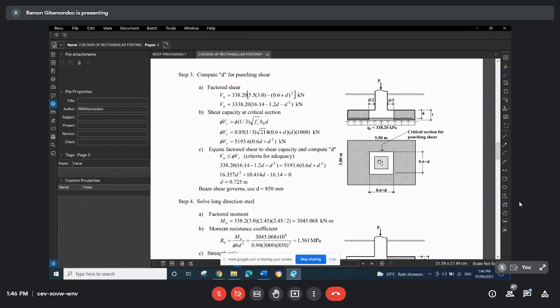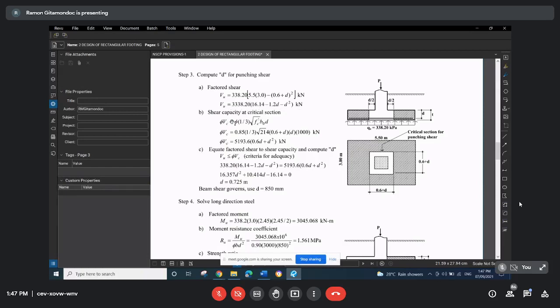Or if you consider the free body diagram inside the critical section, then you have the downward column load, Pu, minus the resultant upward pressure exerted by the soil. The resultant upward pressure is the net ultimate soil pressure multiplied by the area bounded by the critical section for shear. So you can do it both ways. In this calculation, we are using the area outside.